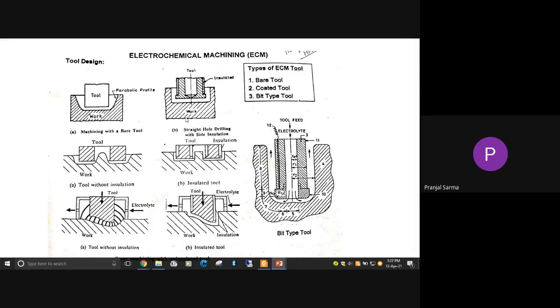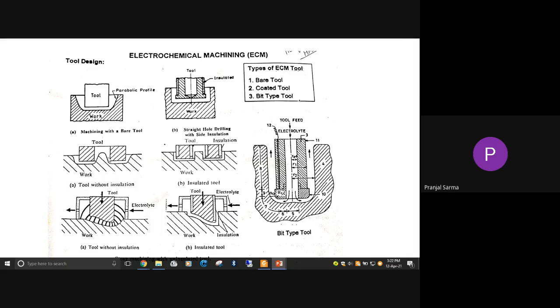Now that kind of problem can be somewhat overcome by placing side insulation on that particular tool. That is the coated tool. In this way, if we use coated tools we can go for a high aspect ratio straight hole.